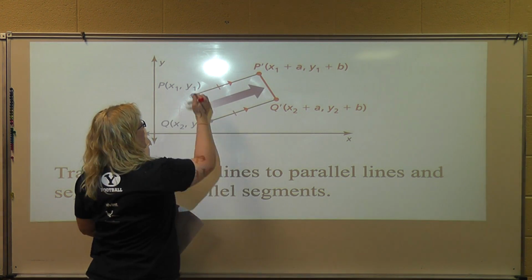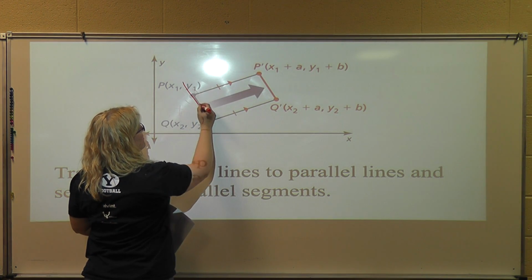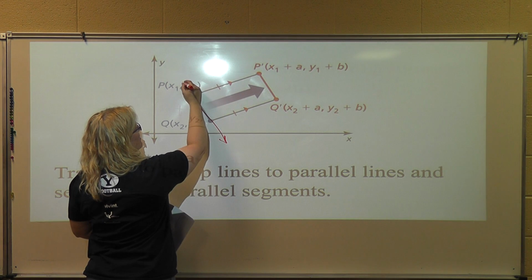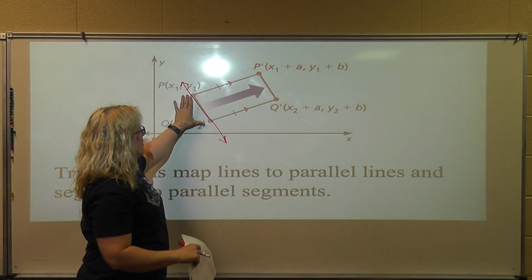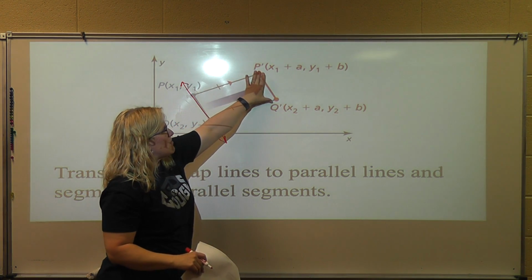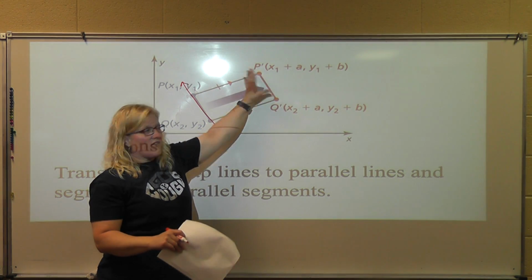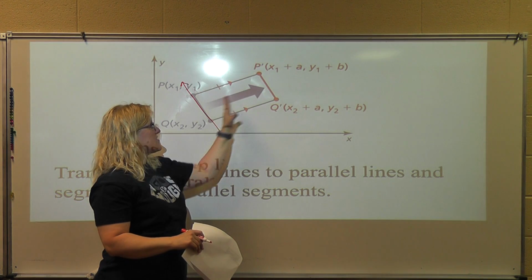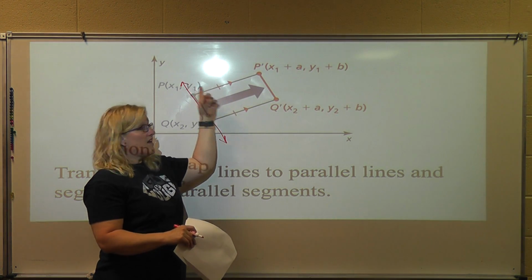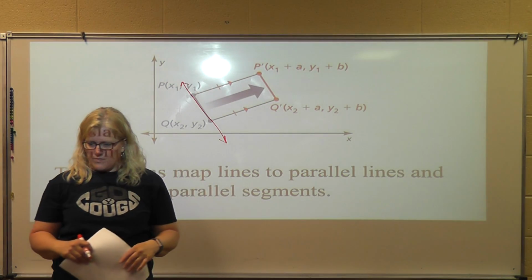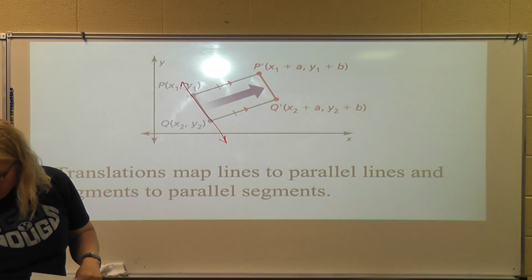If this were a line, it would be going through like this. And even though this is traveling the same distance, they're not translations of each other. This is not translating to this because this is a line and this is a line segment. So that's one of the things they wanted to point out.